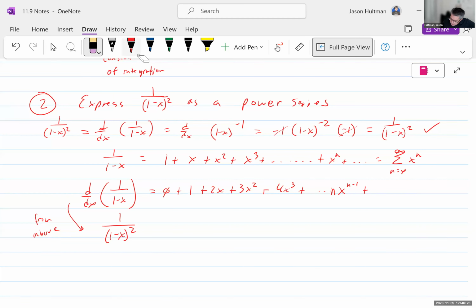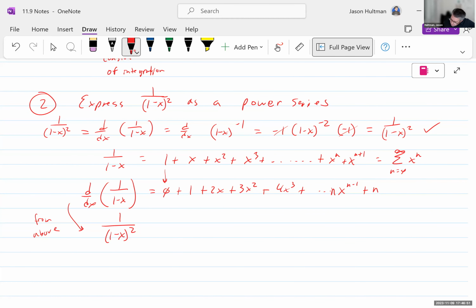I'm going to look at not only the x to the n term, but also the x to the n plus 1 term. And there's a reason for that, because we eliminated a term here. If we want to start at 0, I'm not going to want to get 0. I'm going to want to start with 1.